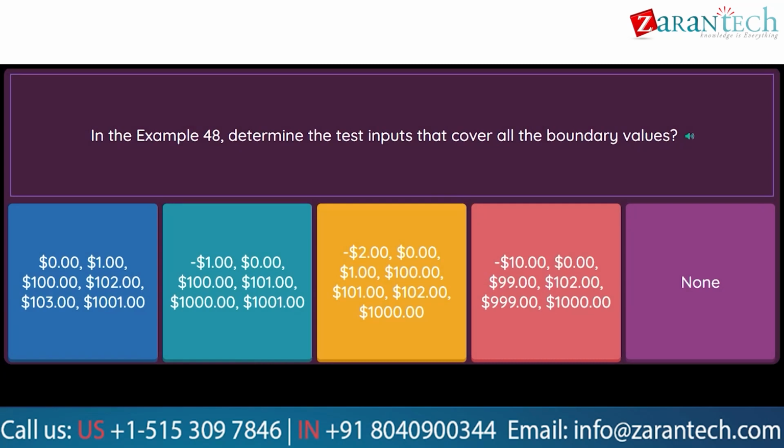Question: in the previous example, determine the test inputs that cover all the boundary values. Option 1: $0, $1, $100, $102, $103, $1,001. Option 2: $1.00, $0, $100, $101, $1,000, $1,001.